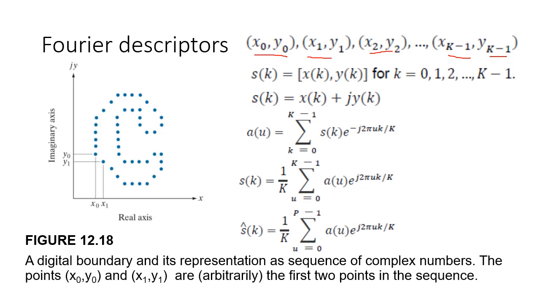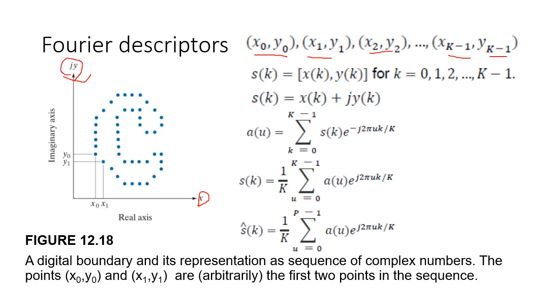How do we do that? One way is by considering the x and y axes as the real and imaginary parts of a complex number. So if you remember how to represent complex numbers, it consists of the real part and the imaginary part.